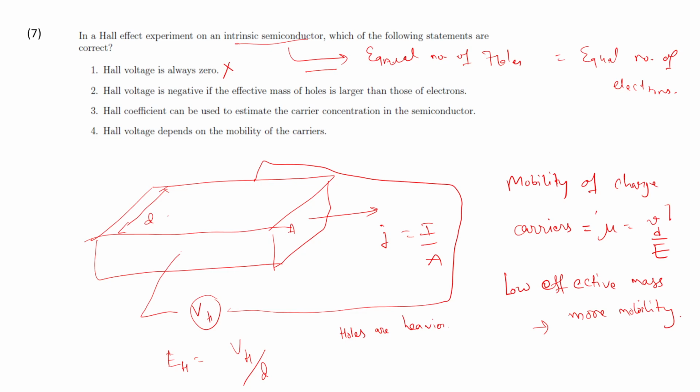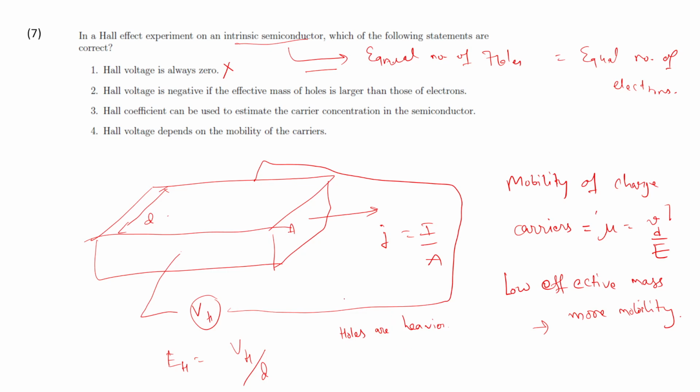The next statement: the Hall voltage is negative if the effective mass of holes is larger than those of electrons. It actually doesn't depend on negative or positive. It just depends on how you are connecting this transverse voltage.